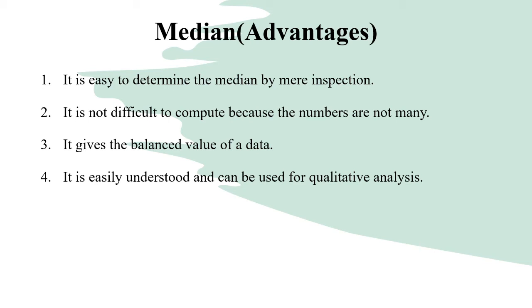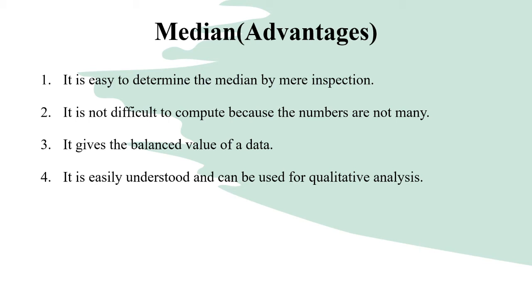It gives the balance value of the data, that is the central value of the data. 4. It is easily understood and can be used for quantitative analysis, that is, describing the data.